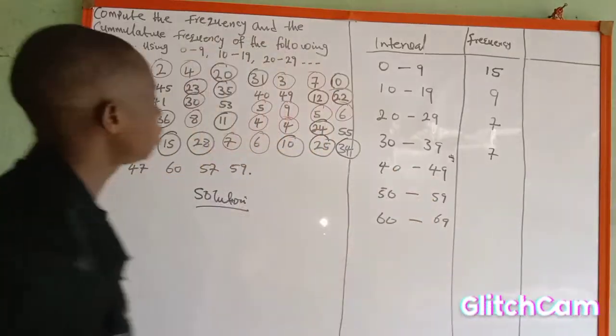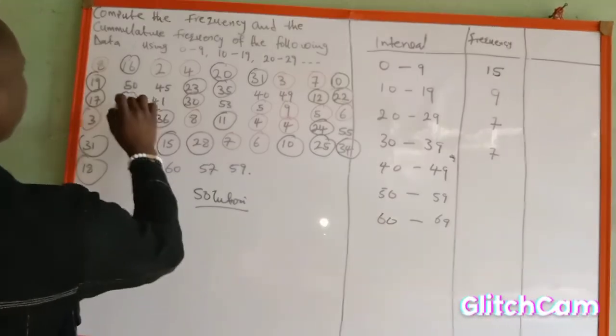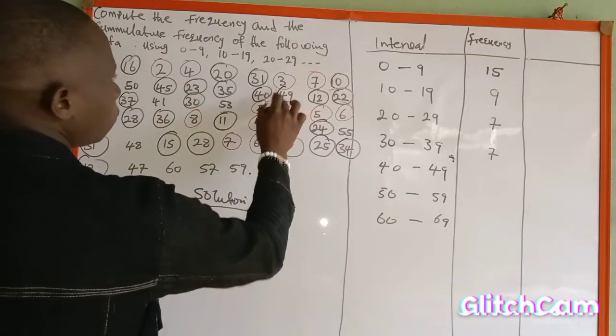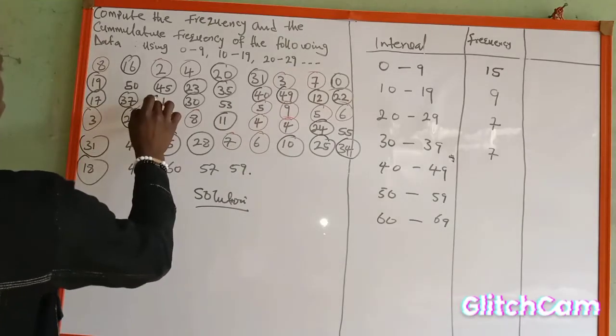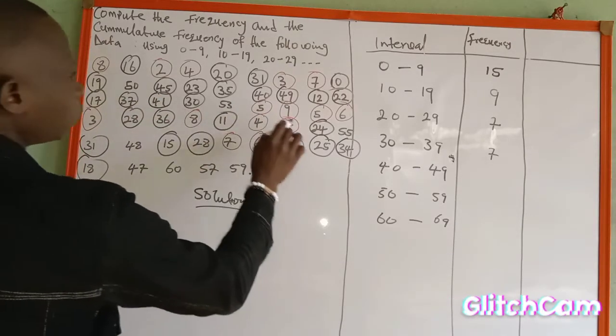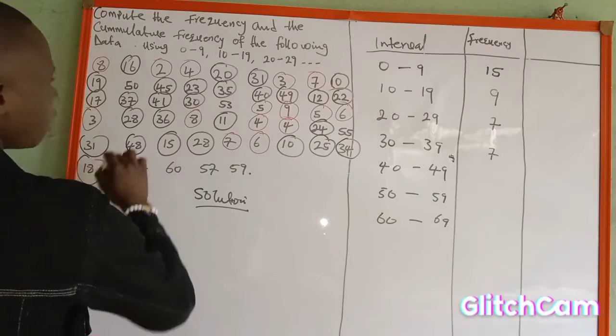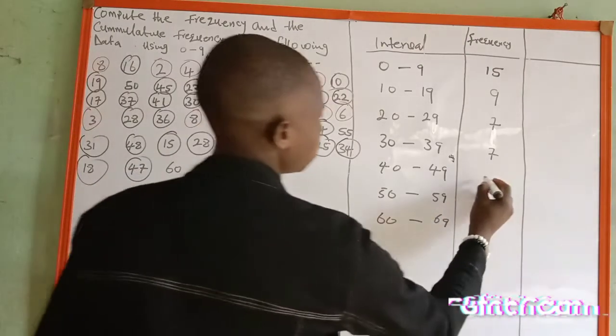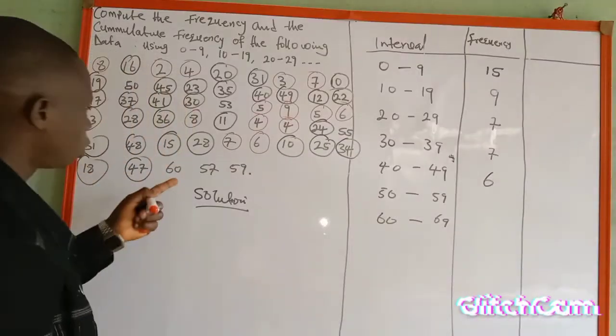Between 40 to 49 we have 1, 2, 3, 4, 5, 6, so we have 6 numbers here.